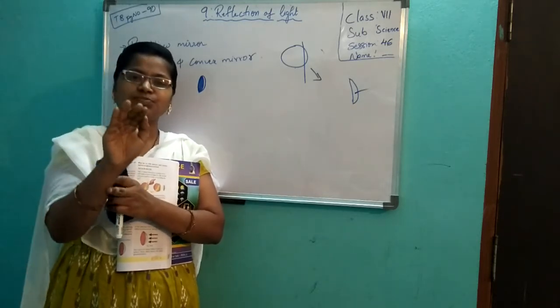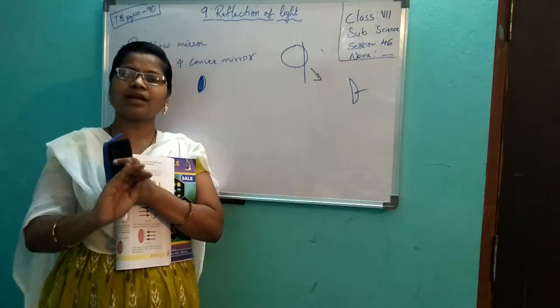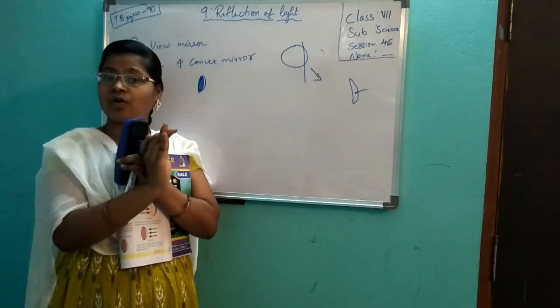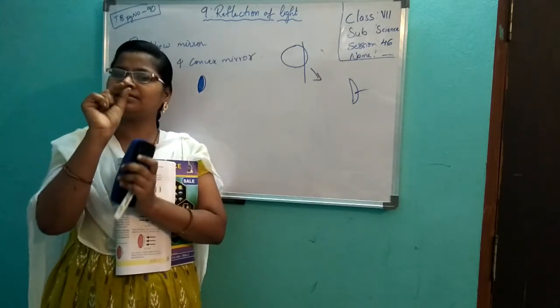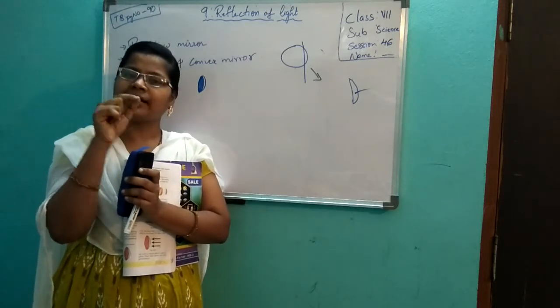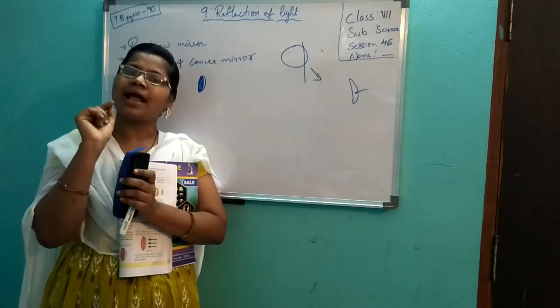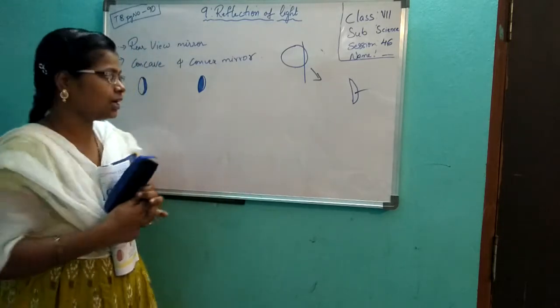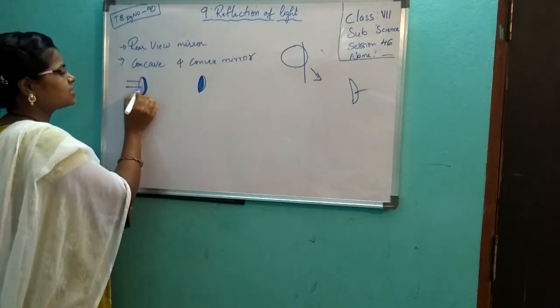When you turn the spoon like this, this is your convex. When you see here, the image is small, and it will be normal only. Normal and small. This is your concave, this side you can see.